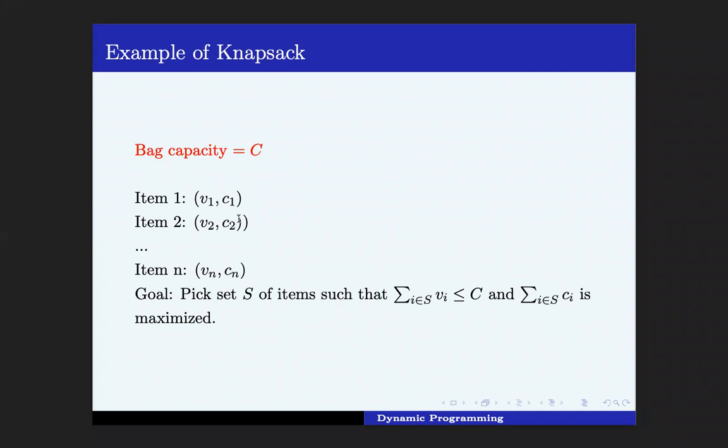Is this problem clear? Sir, what are the Vi's? The Vi's are the volumes of each item. Item i has a volume Vi and a cost or price called Ci.